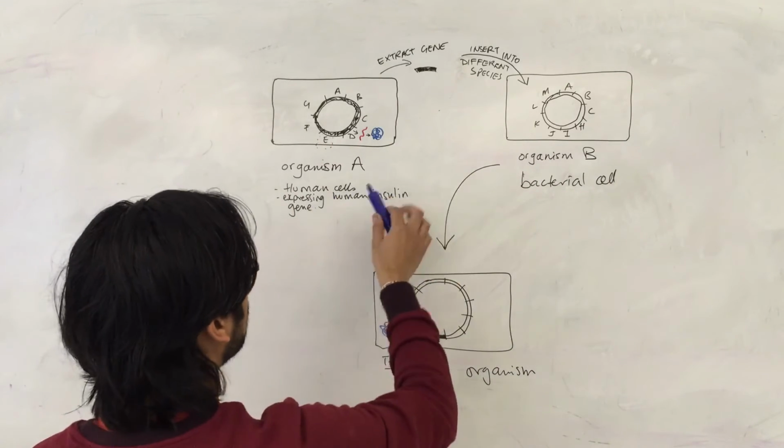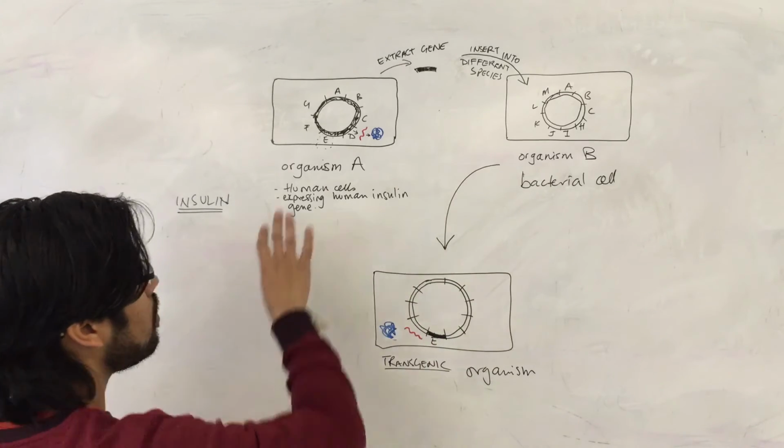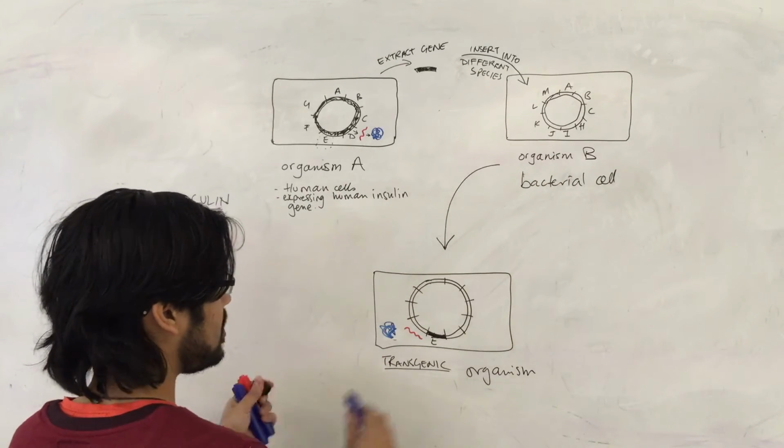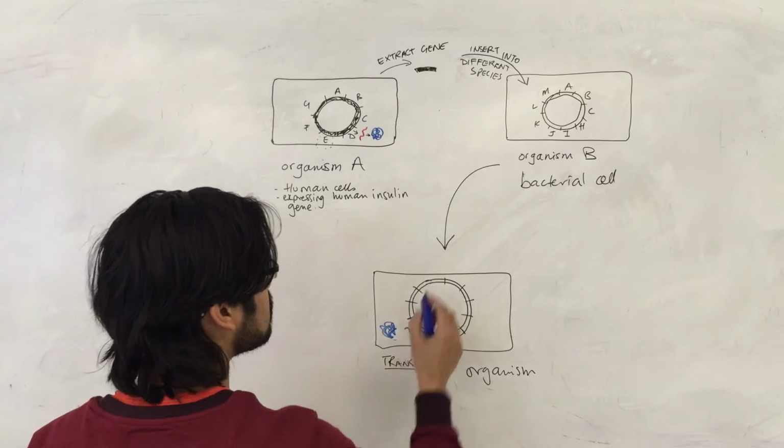So, key points we should note here are bacterial cell, transgenic organism, produced.